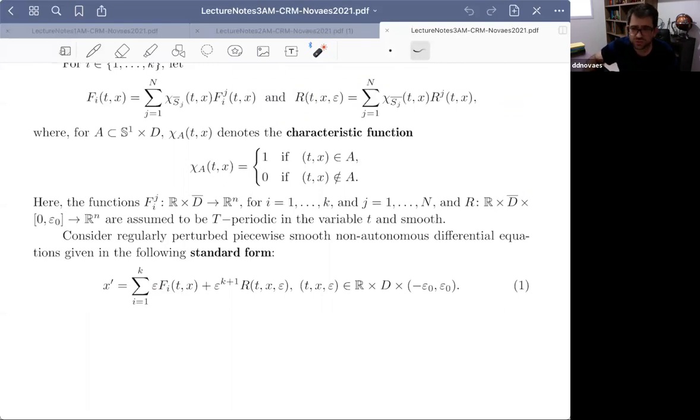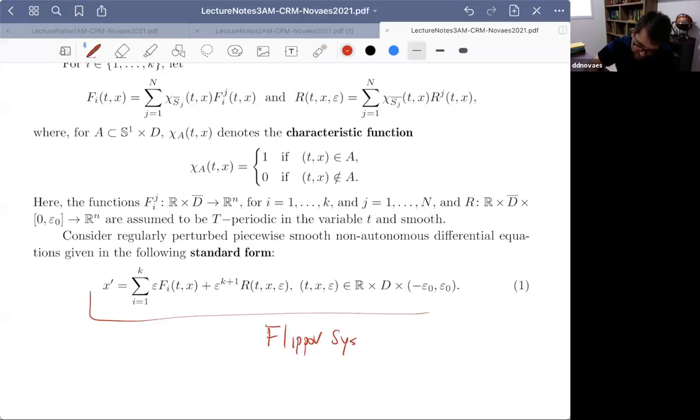So for this standard form, we will assume the Lipschitz conditions. Sorry, not the Lipschitz conditions, the Filippov conditions. So this is a Filippov system, which is just a piecewise smooth system plus Filippov's condition.